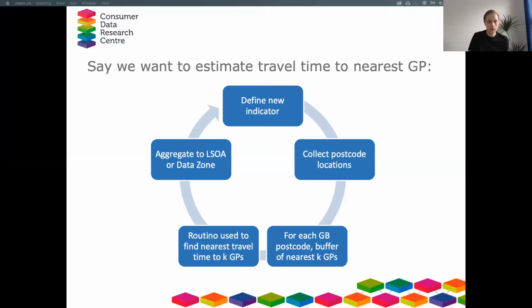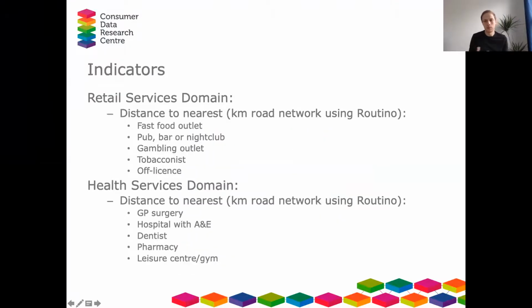So what we did is we did that process for a series of indicators, and we grouped them into general domains. We'll come to the domains in a minute. We calculated distance to the nearest fast food outlet, pub, bar or nightclub, gambling outlet, tobacconist, and off license, which we grouped together as part of the retail services.